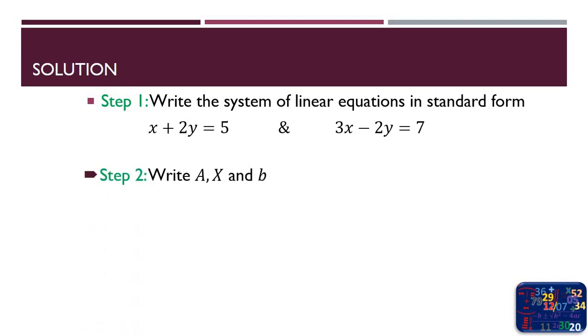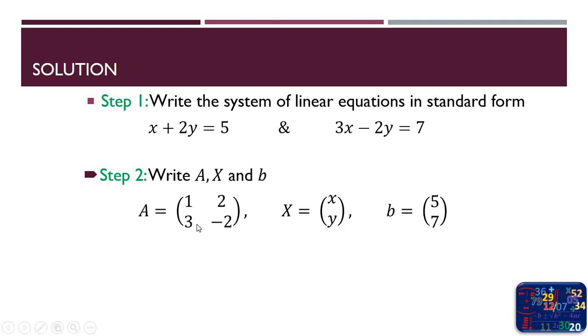Now write A, X and B from the system of linear equations in step 1. Here the first row corresponds to the first equation and the second row corresponds to the second equation. The first column of A corresponds to the first variable, which is x, and the second column corresponds to the second variable y.